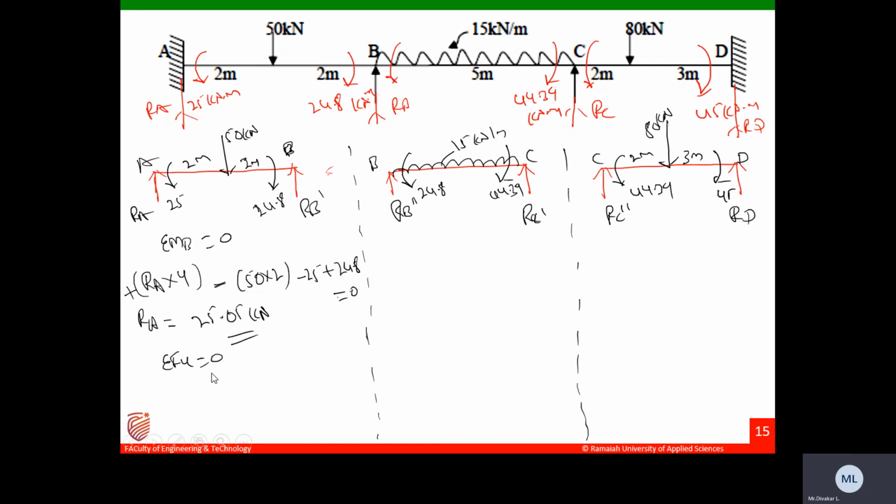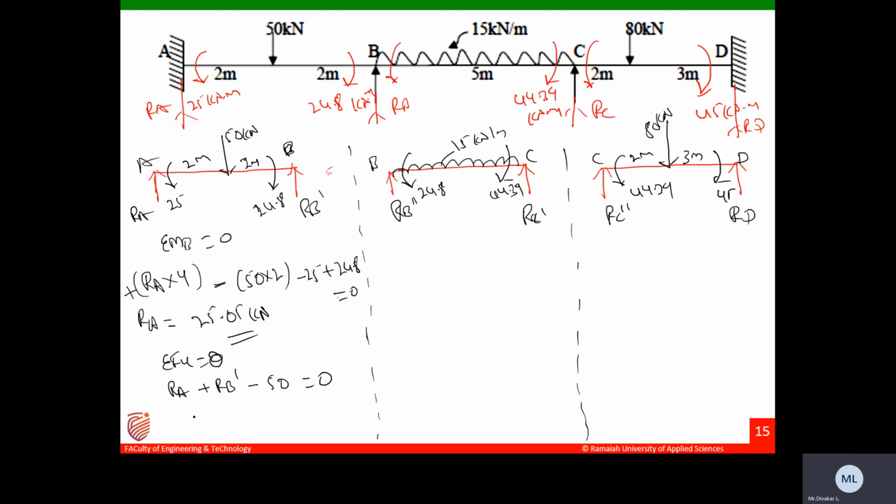Then sigma Fy equals to 0. RA is acting upward. RB dash is acting upward. 55 kilonewton is acting downward.